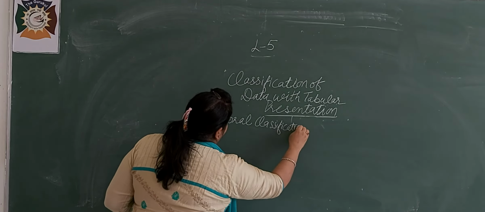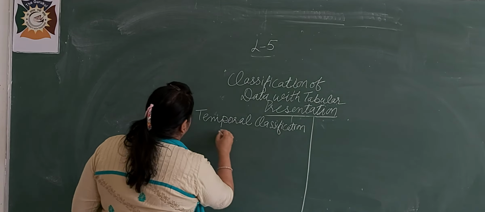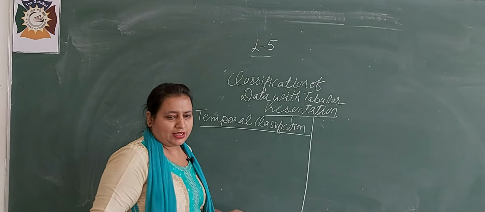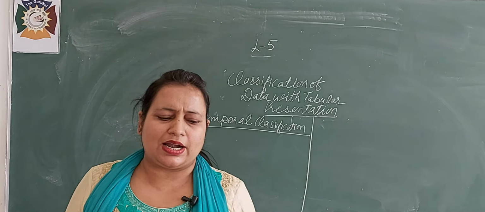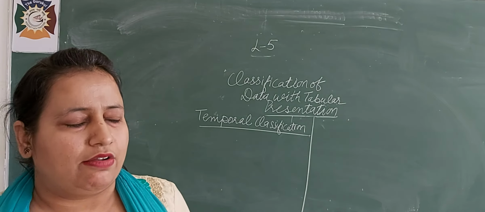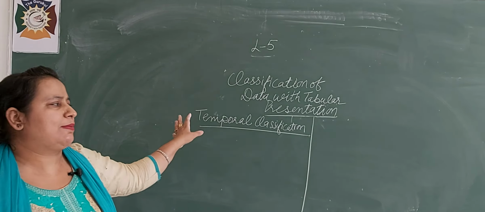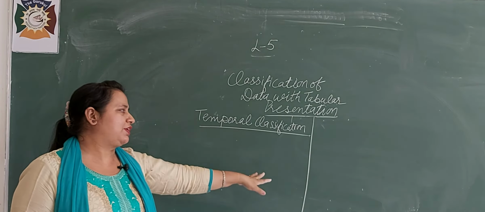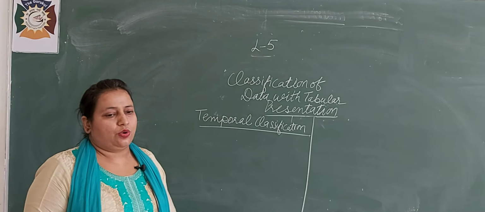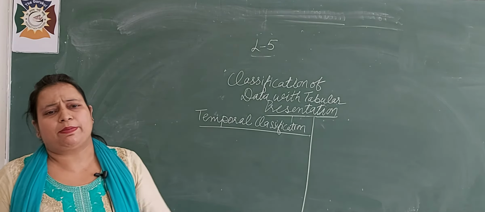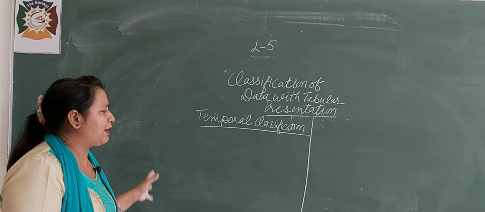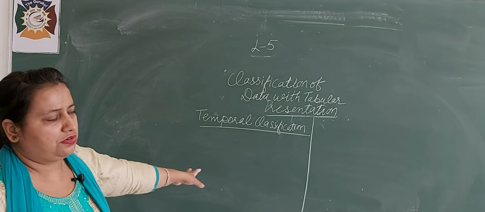Where data is based on time, that is known as temporal classification of data. With everyone you have to write tabular presentation: temporal classification and tabular presentation, spatial classification and tabular presentation, because this topic is combined with that classification.